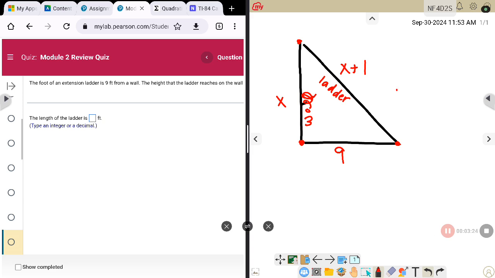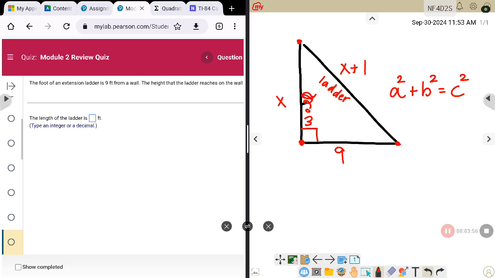Now, we are going to set this up according to the Pythagorean theorem, because when you draw out this diagram, it gives you a right triangle, and all right triangles follow the rule of the Pythagorean theorem: if you add together both of the sides squared, it's going to be equal to the hypotenuse, which is that ladder side, squared.